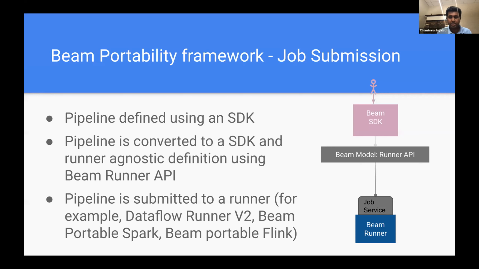This pipeline is converted to an SDK and runner agnostic standard definition, which is a protobuf-based definition using an API called the Beam Runner API. We also have a standard service called the job service that can accept such standard pipelines, and each portable runner has to implement this job service.